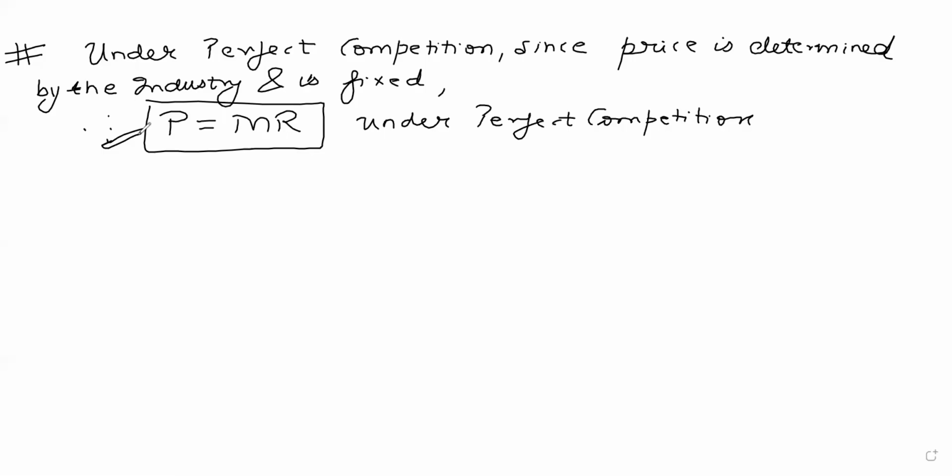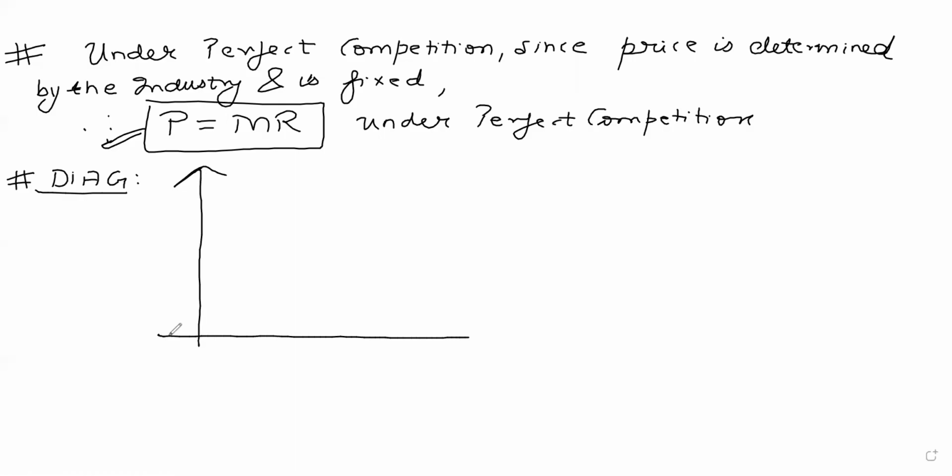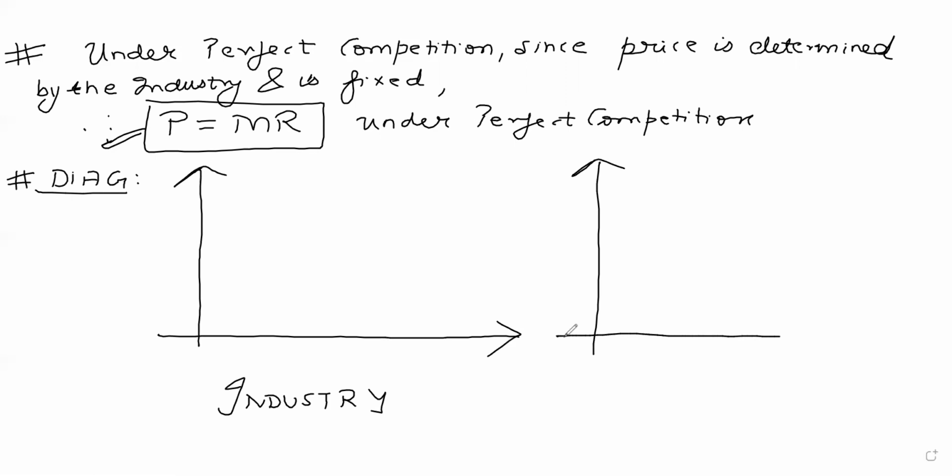Okay, so if I now draw the diagram, for all students, you can see I am drawing two diagrams on the screen. One is the diagram pertaining to the industry, and another is the diagram pertaining to one particular firm under perfect competition, a perfectly competitive firm.